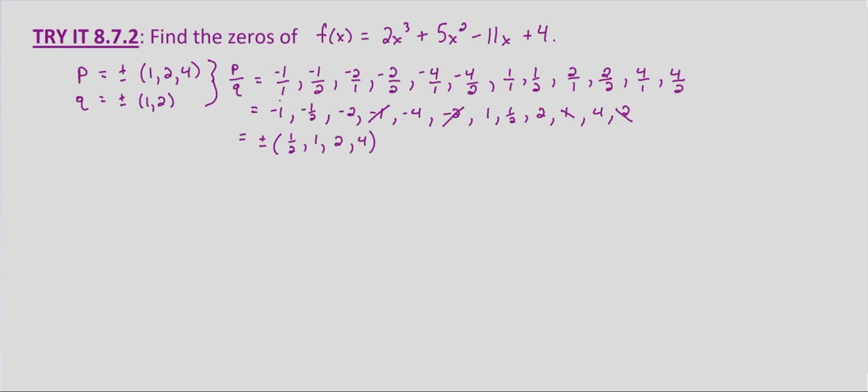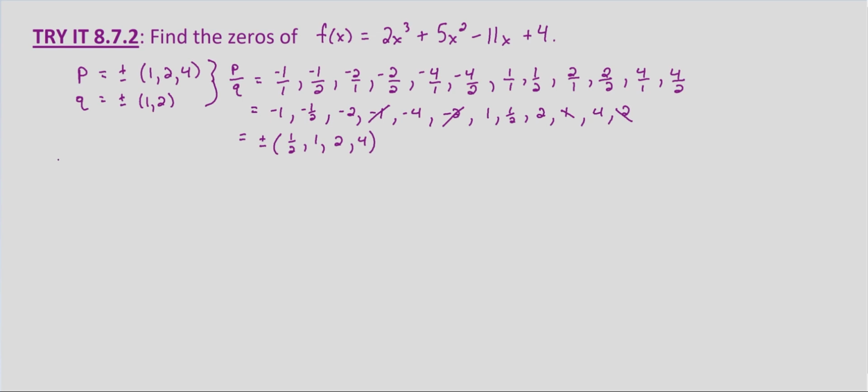Now we use synthetic division to evaluate each possibility. So I'll start off with 1/2. I always do the positives first just because they're simpler to deal with than negatives, and we have to test all possibilities until we find what we're looking for.